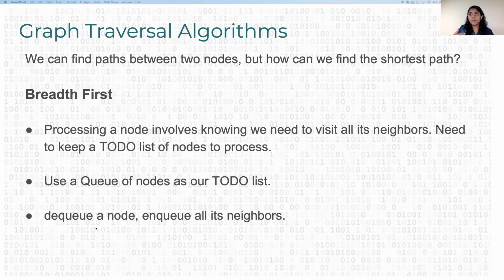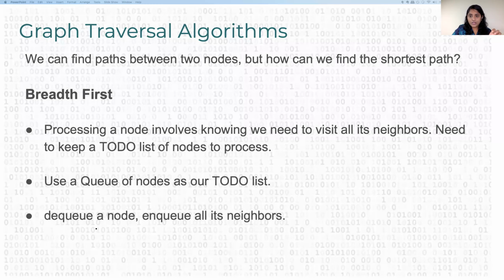In order to keep track of the next set of to-do list of nodes, we use queues. There are different data structures, but a queue fits perfectly for this use, where I want to visit a node and I want to visit a few other nodes associated with that node at a later point.